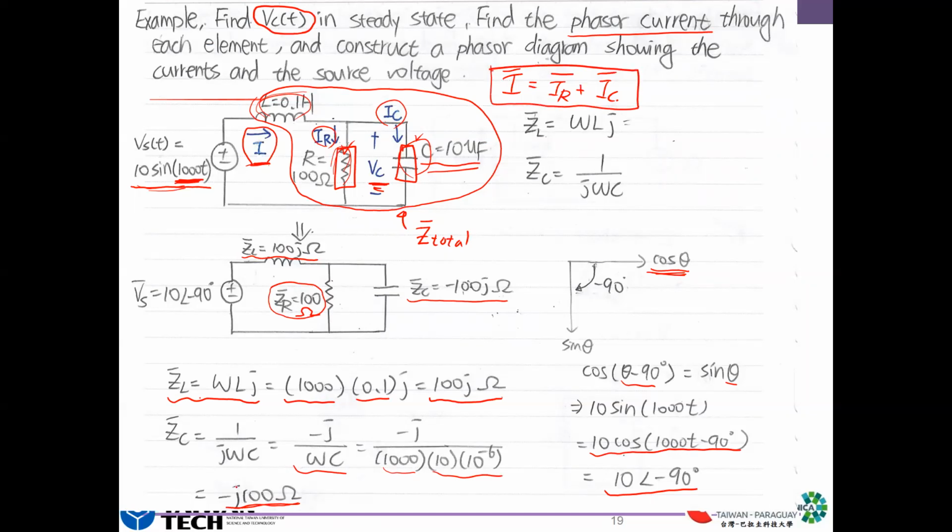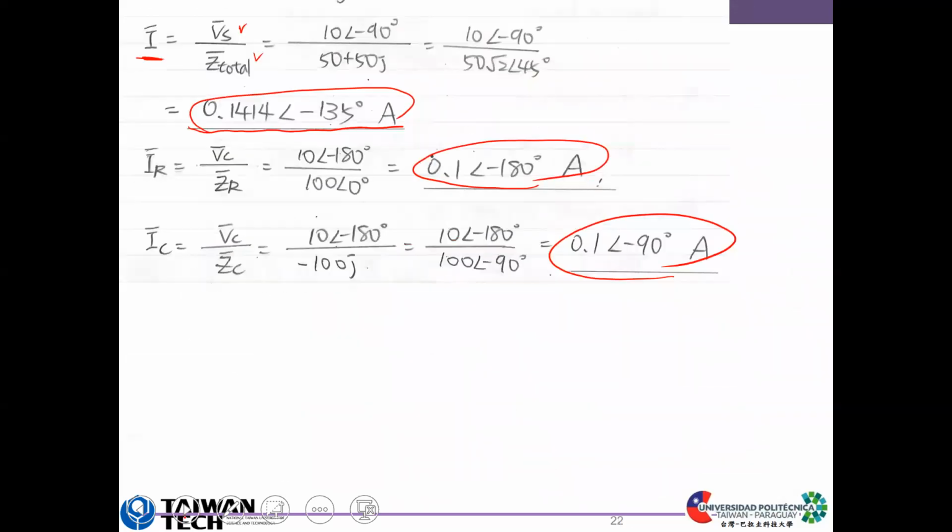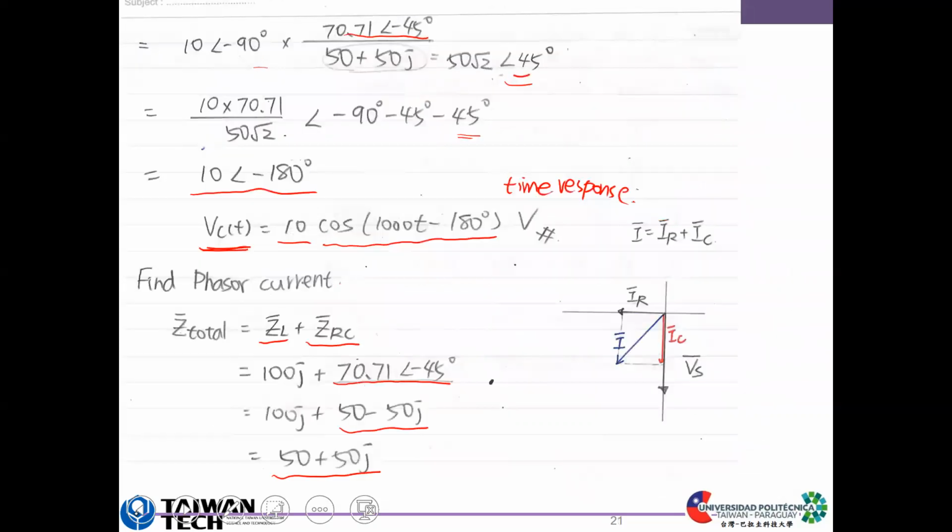Then you could double check our result. Because it's a complex number representing a phasor, we need to draw them in the phasor diagram. So the phasor diagram is here. This is I.